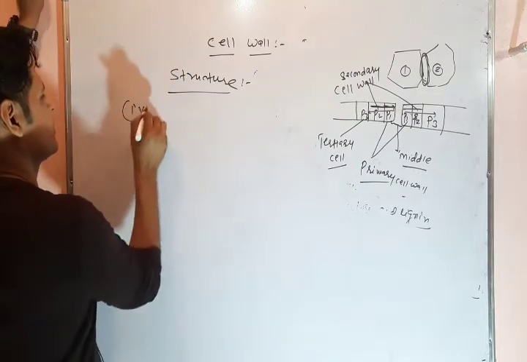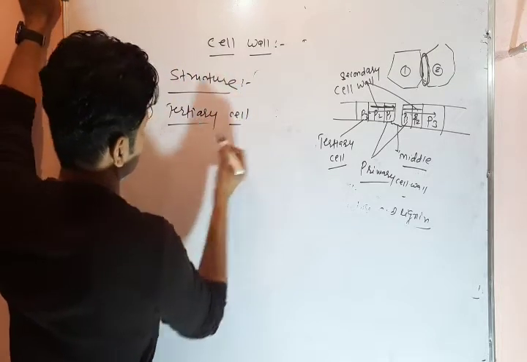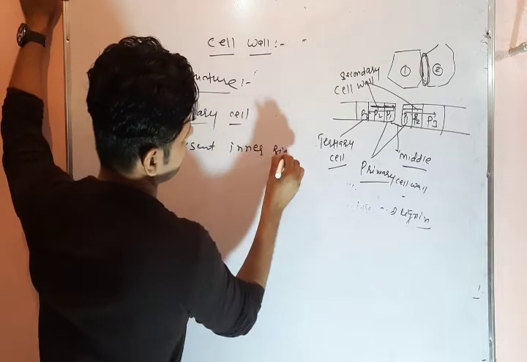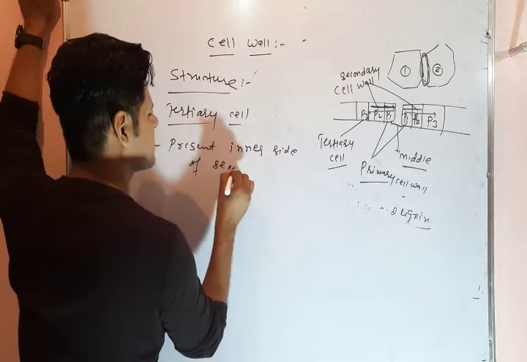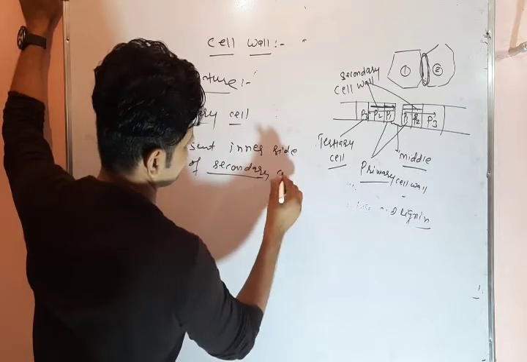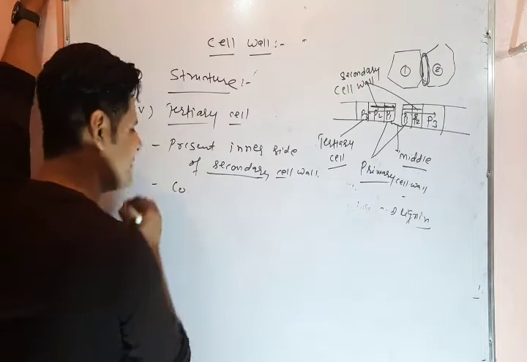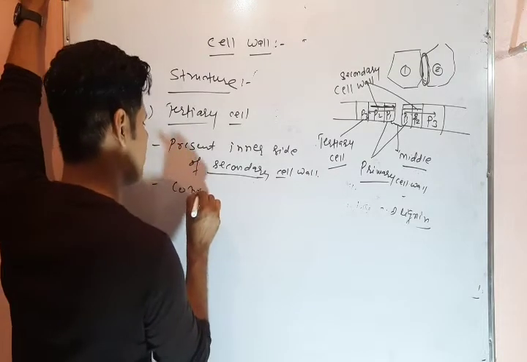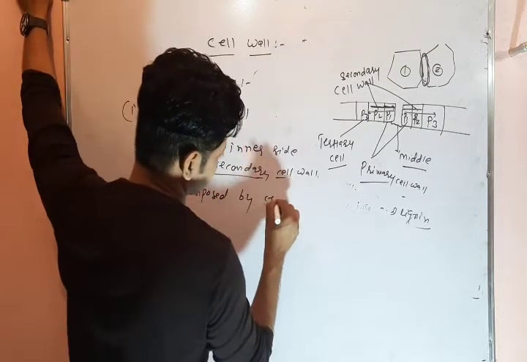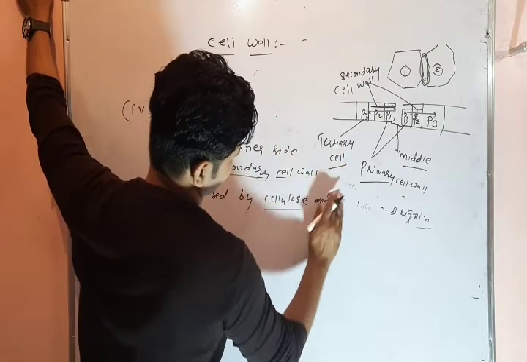The last one is the tertiary cell wall, meaning present on the inner side of the secondary cell wall. Okay, it is composed of cellulose and xylem.